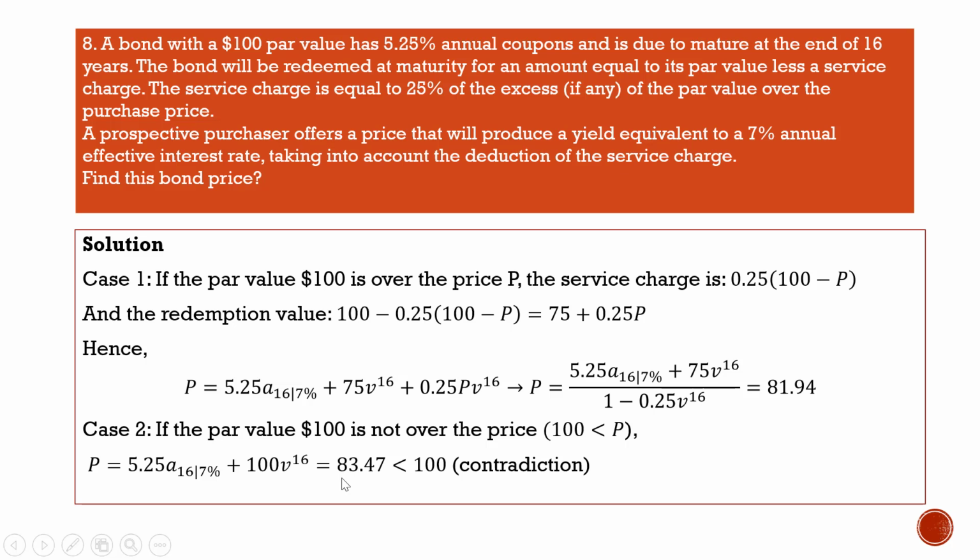However, this price is less than 100, which contradicts the assumption of case 2. So case 2 is not possible. So we can conclude that the price of this bond is 81.94.